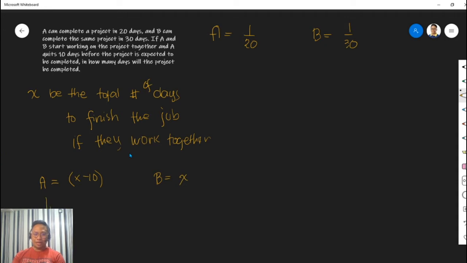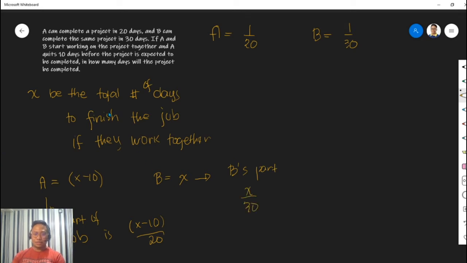A's part of the job is going to be x minus 10 over 20. This is what I was talking about earlier, it's the part of the job. B's part is going to be x over 30.